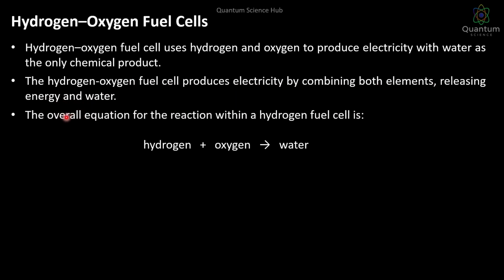So the overall equation for the reaction is hydrogen plus oxygen will become water, right? H2 plus O2 will become H2O. And as the result, it will release a huge amount of energy, and we can use that as the source of energy.